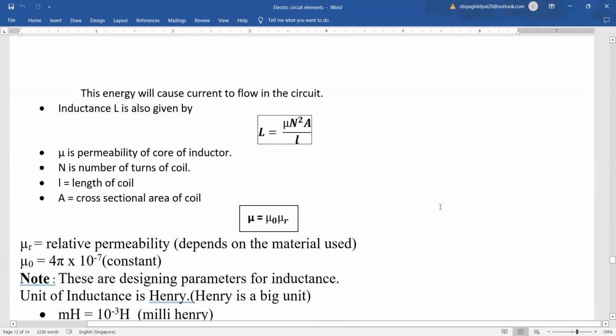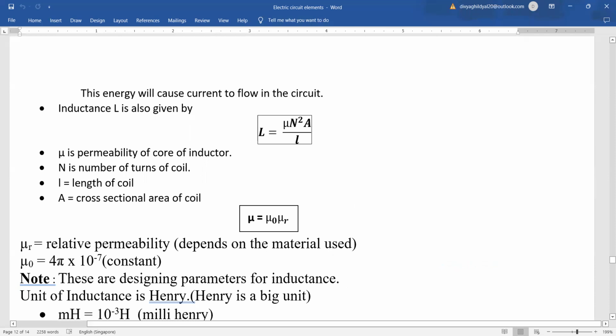Another form of inductance can be L is equal to mu into N square A upon l, where mu is the permeability of the core of the inductor, N is the number of turns of the coil, l is the length of the coil, A is the cross-sectional area of the coil. Mu R is relative permeability, which depends on the material used.